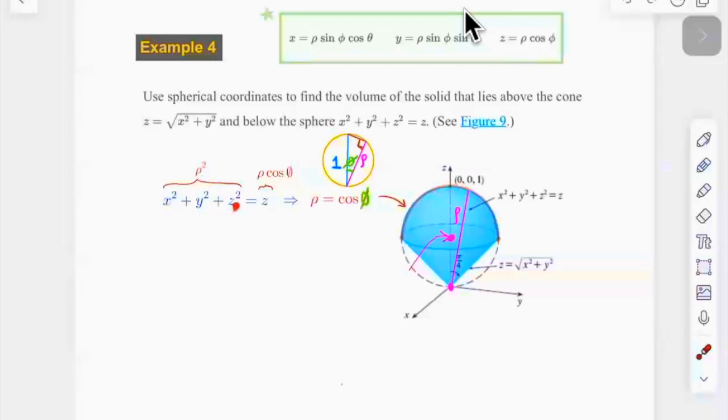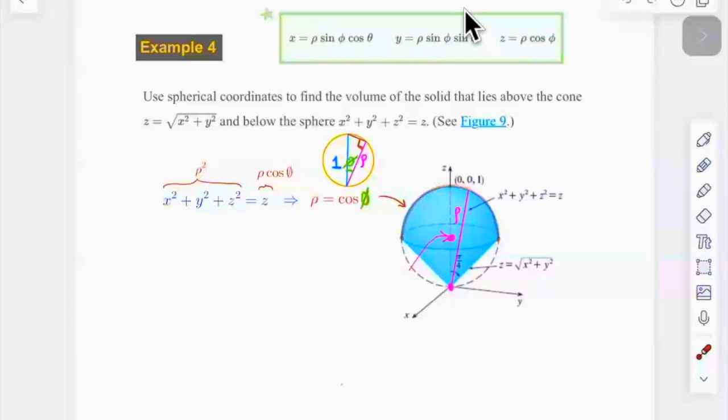Notice that x squared plus y squared plus z squared is equal to rho squared, and z is equal to rho cosine of phi. Rho here does not equal 0, so we can divide both sides by rho. We get rho equal to cosine of phi.